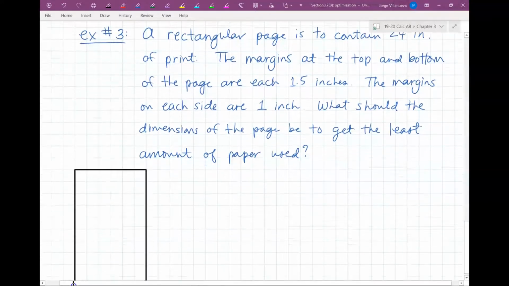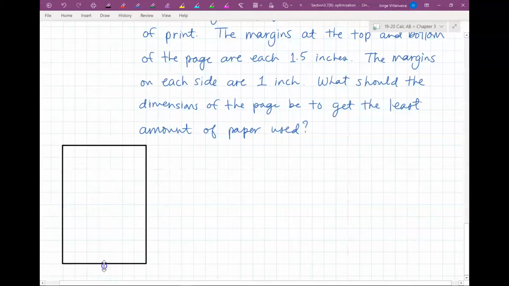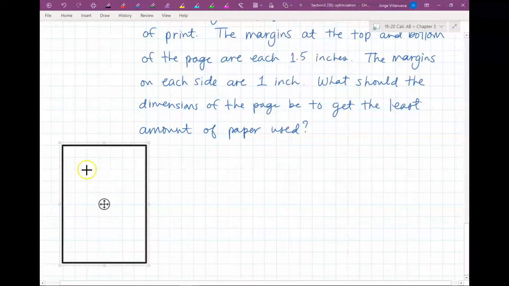They're going to give us a piece of paper, and within this piece of paper, they want us to have another bit of information.